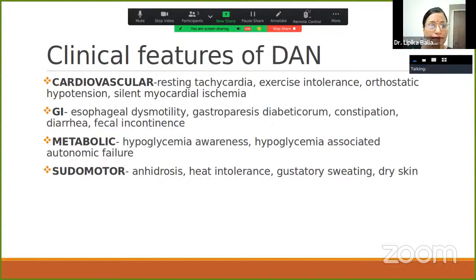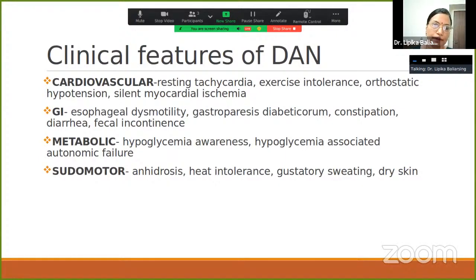In the GI system, there is esophageal dysmotility, gastroparesis diabeticorum, constipation, diarrhea, fecal incontinence. So this esophageal dysmotility and gastroparesis gives rise to increased risk of aspiration. As such, pregnant patients are more prone to aspiration.